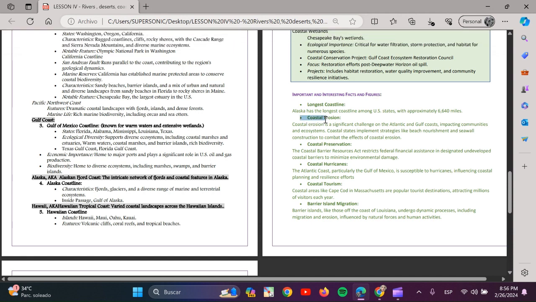Also, we can talk about erosion, preservation, hurricanes. The Atlantic coast, particularly in the Gulf of Mexico, is susceptible to hurricanes. Tourism. Coastal areas like Cape Cod in Massachusetts are popular tourist destinations.